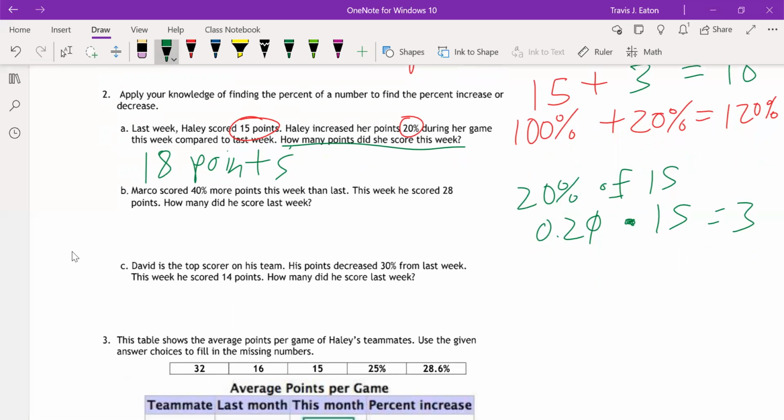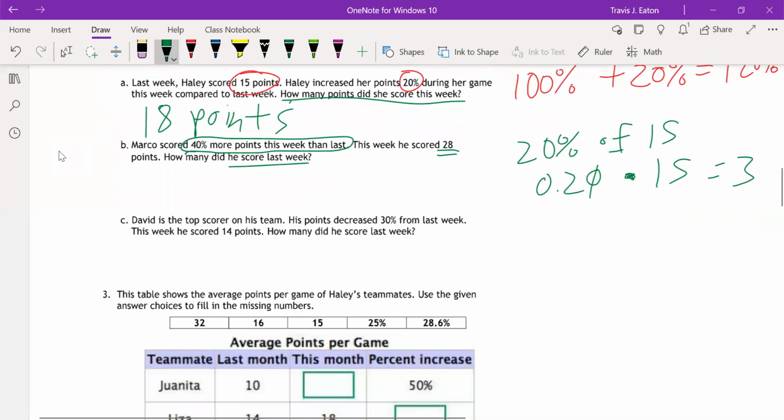Let's take a look at question B. Marco scored 40% more points this week than last. This week, he scored 28 points. So how many did he score last week? So there's this unknown thing that we've got going on, right? 40% more this week than last week. So whatever last week's score is, I'll put a dividing line right there.